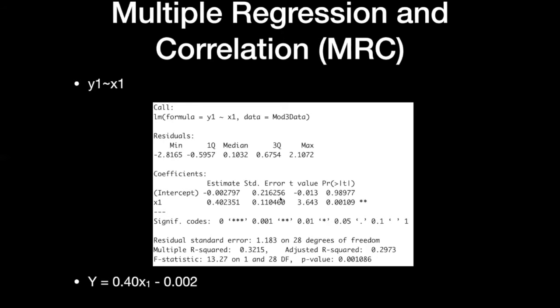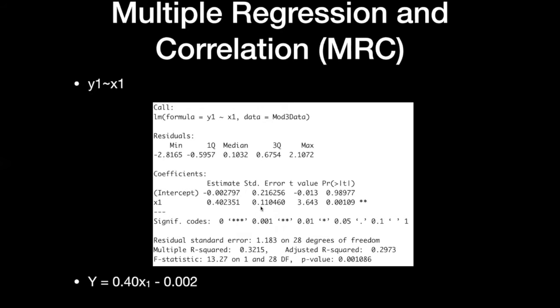So how about the other values over there? The t value here is simply this estimate divided by the standard error.